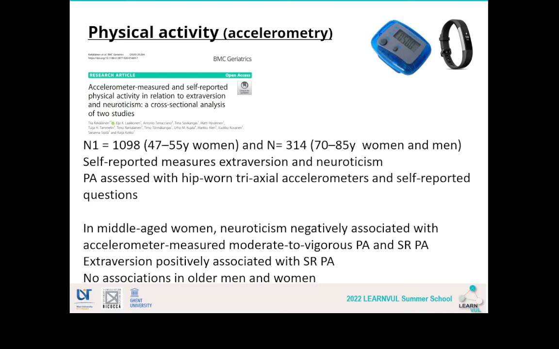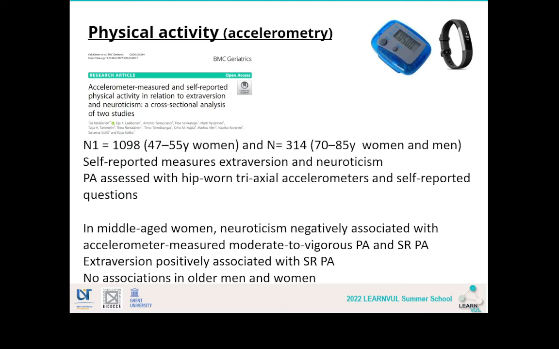This was not a step counter. They were measuring how vigorous the physical activity was, along with self-reported extroversion and neuroticism. So the physical activity was assessed with actual behavior and also self-report.